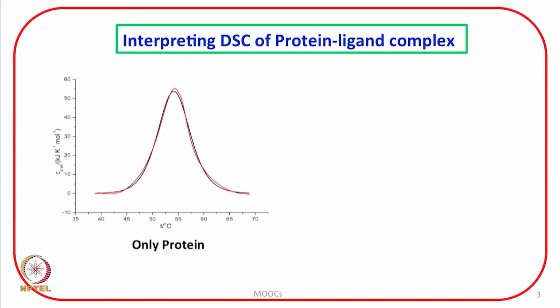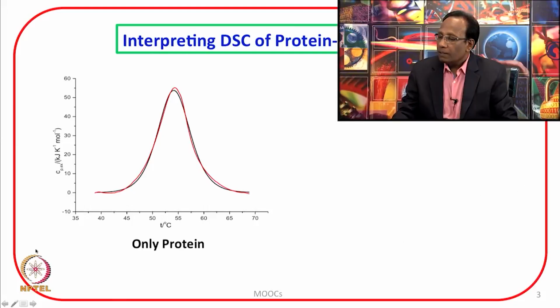Now, let us take a look at, if you thermally unfold only the protein, we will usually get a single endotherm. Two lines are shown over here. One line shows the experimental data points and the second curve shows the fitting of a suitable model to the experimental data points.